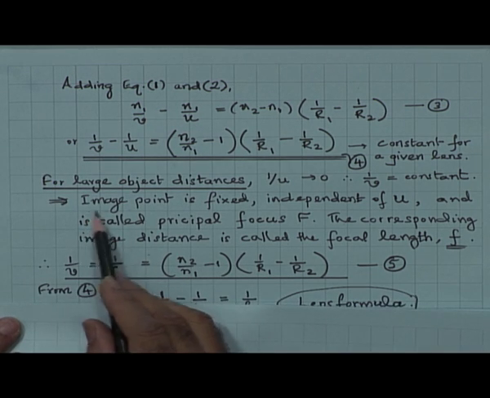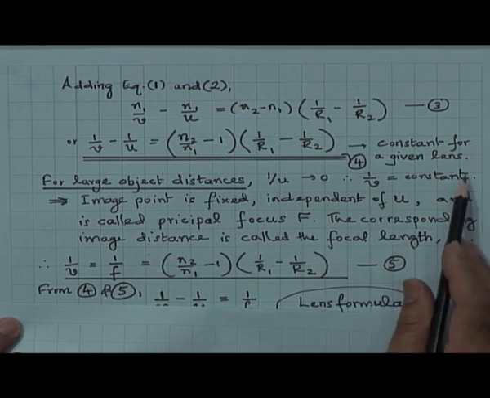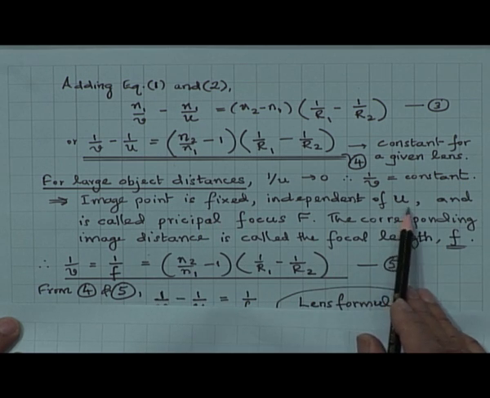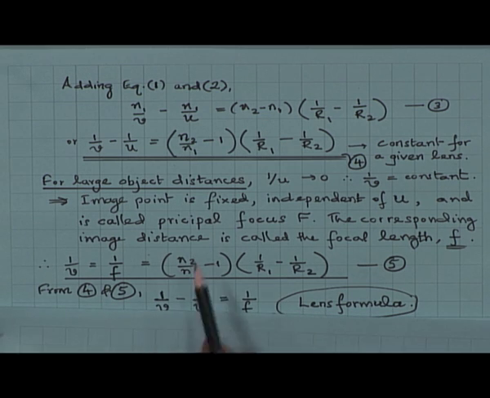So, when the image point is fixed for large values of U, 1 by V is constant, the image point is fixed independent of U, and this is called the principal focus F. We will show this in a diagram. The corresponding image distance is called the focal length, and therefore, 1 by V is equal to 1 by f.